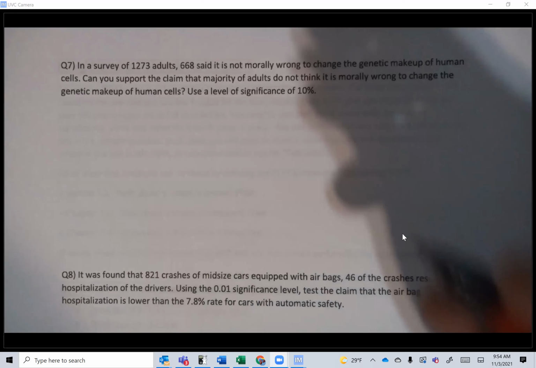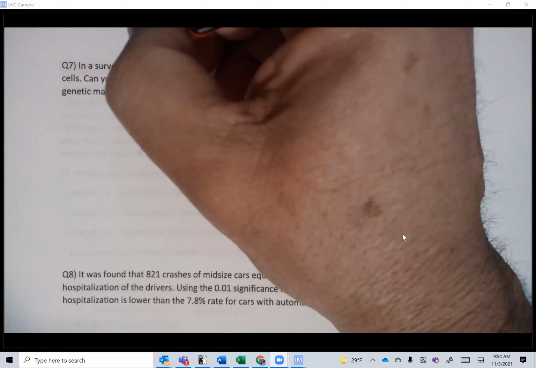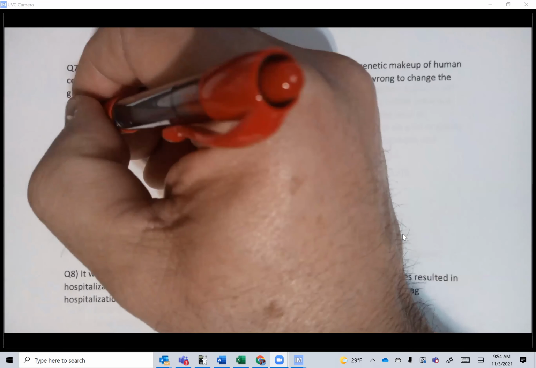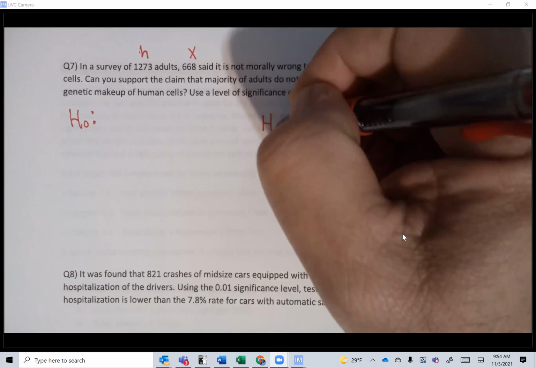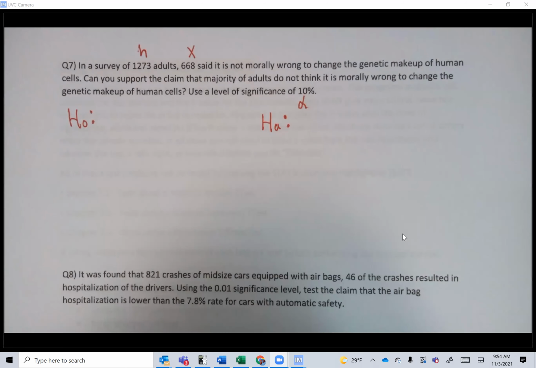So this is alpha, this is n, this is x, and I would like a student to tell me what H0 and HA are going to be. He says, can you support the claim that majority, what did we say majority means, guys? We discussed that in class on Monday.